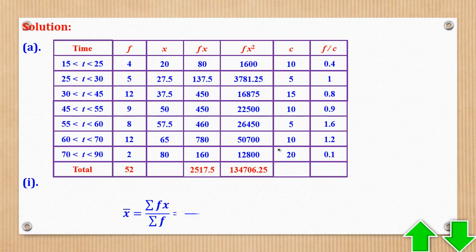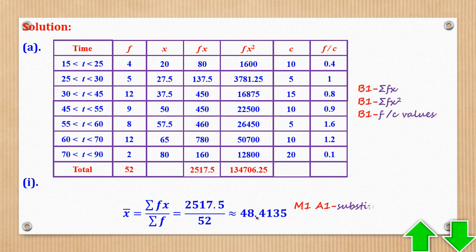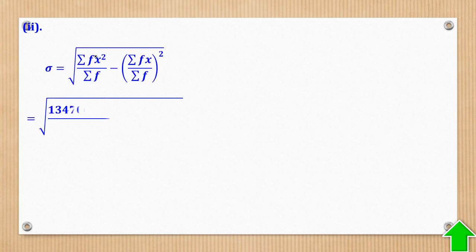Roman 1, they wanted a mean is this divided by this to give you this as the mean. Then they also wanted standard deviation, quote the formula, substitute, and get the output.